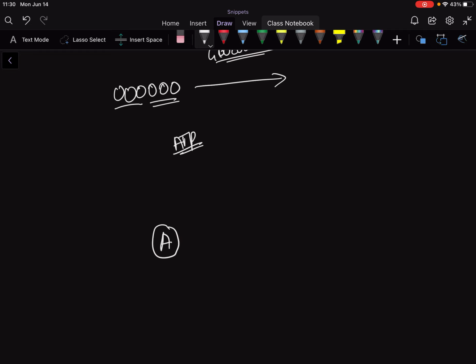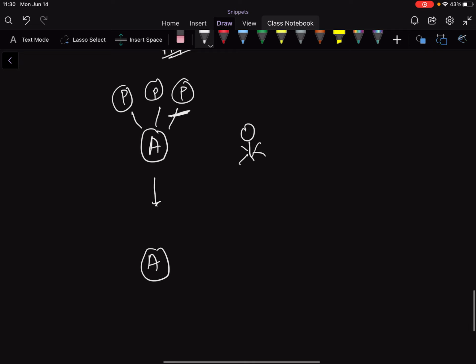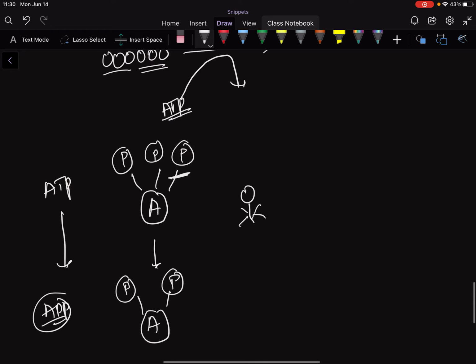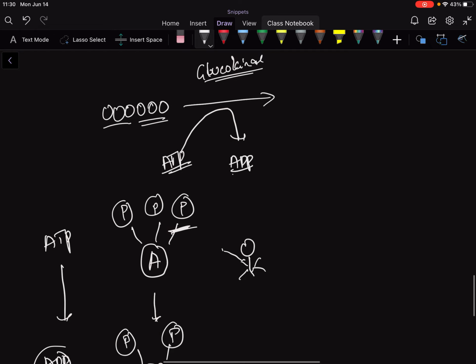What does ATP stand for? ATP stands for adenosine with 3 phosphates, right? So what will this kinase do? He's a bad guy. He will cut this phosphate. Once ATP loses one of its phosphates, it is called adenosine diphosphate. Since only 2 phosphates are present, ATP is converted into ADP. So this kinase breaks off the phosphate and converts ATP into ADP.